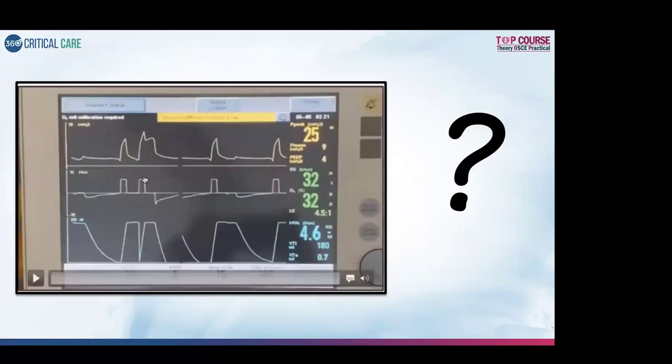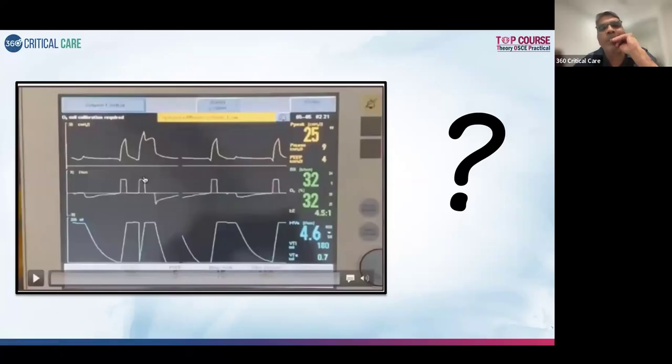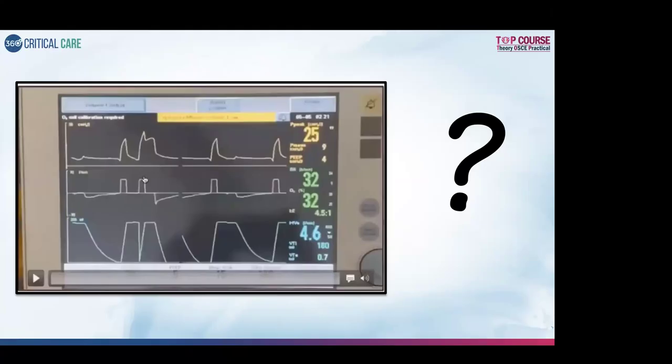And then in the flow also, expiration is not complete in the first waveform. After the inspiration, there is no expiration, followed by a pause, and then one more inspiration happens. Yes.